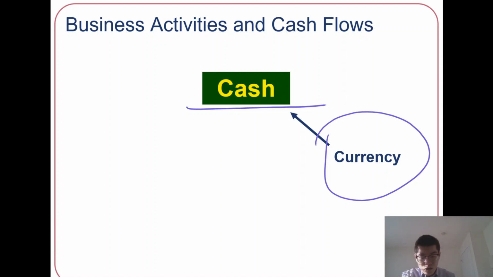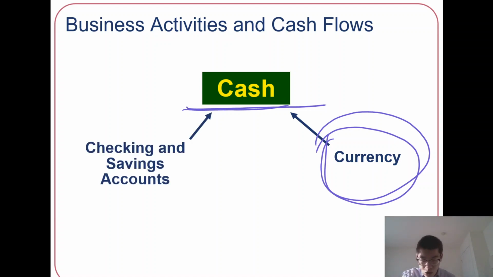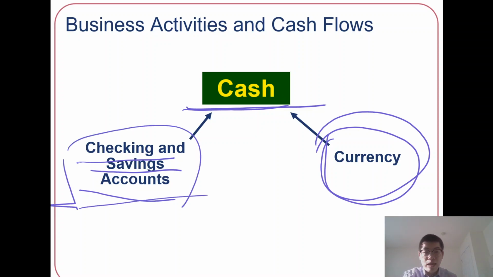Those are currencies. Besides currencies, what else do we consider as cash? Checking and savings accounts. It's not something that you carry in your pocket, but it's sitting in your bank account, and you can withdraw it anytime you want and spend it somewhere else. That is also considered cash.